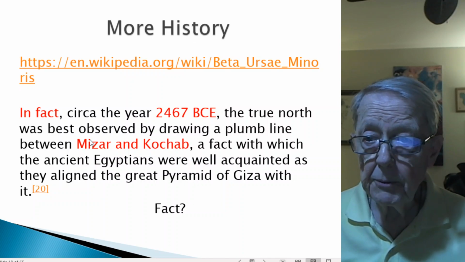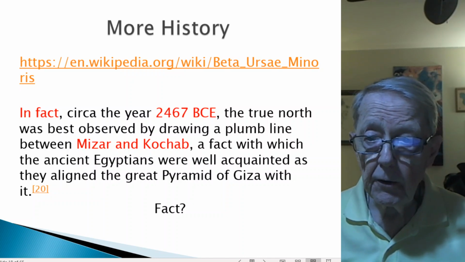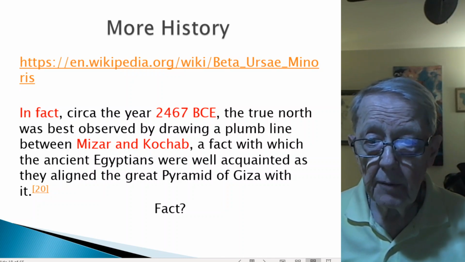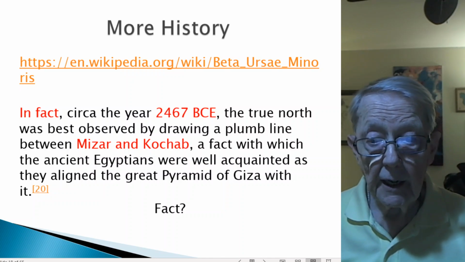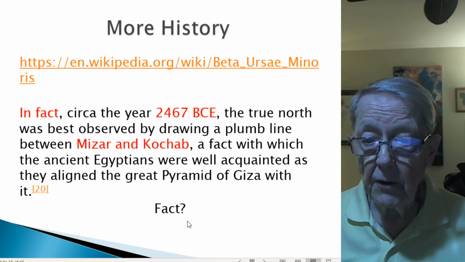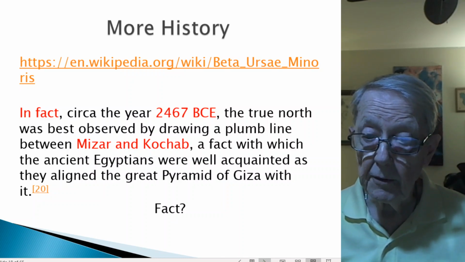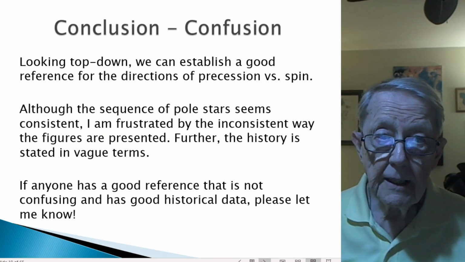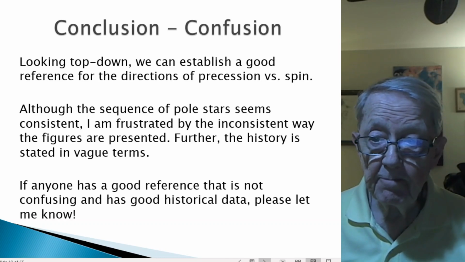Well, the Egyptians had their hieroglyphs, so there should be some information, and that's probably true. But in light of everything else I've seen, I say, is it a fact or not? And I didn't have the resources or time to figure that out. Clearly, my conclusion is confusion.